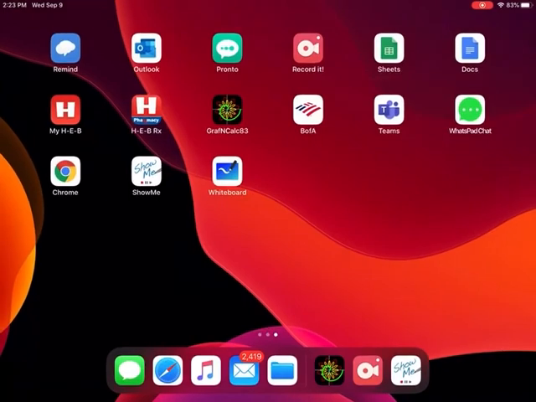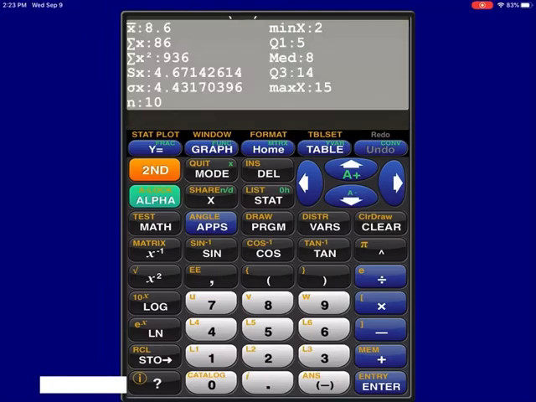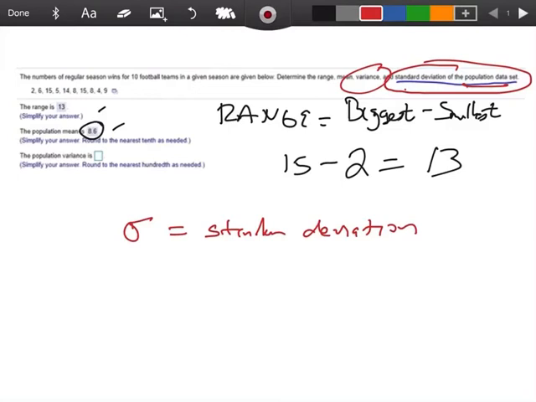When I look for that sigma x, from the top, 1, 2, 3, 4, it's the fifth one down. Do you see how it's 4.4? So my standard deviation is going to be 4.4.